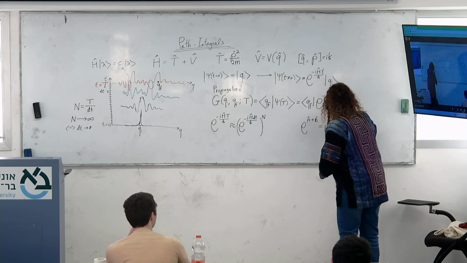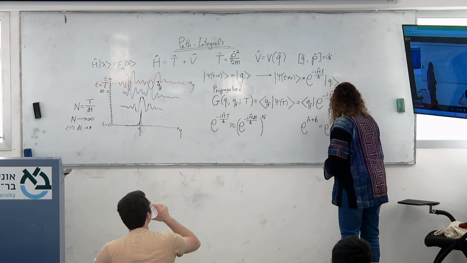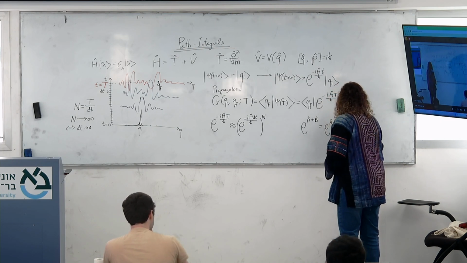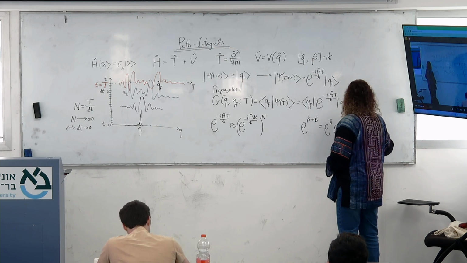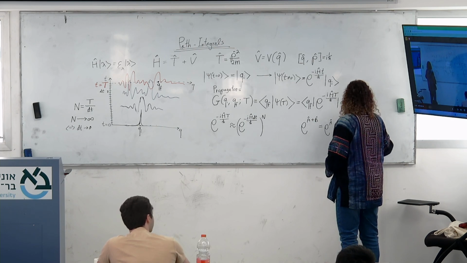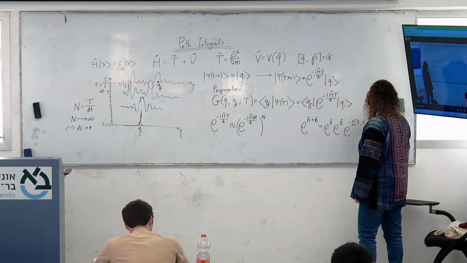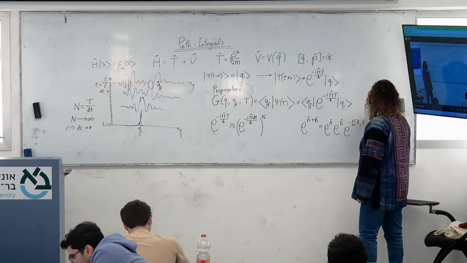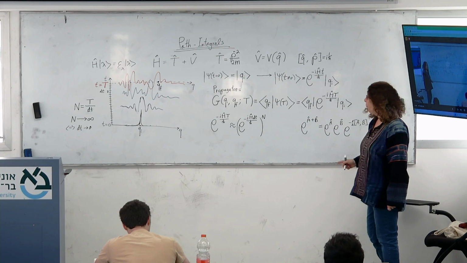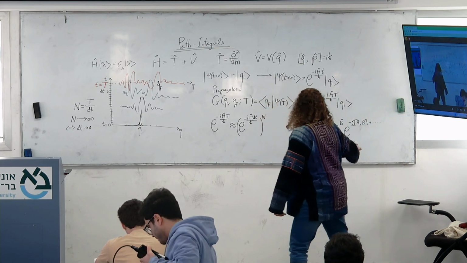Just want to make sure that I have the sign correct. It's e to the A times e to the B times e to the minus 1/2 [A, B], and actually this has some further corrections, but for the case where the AB commutator is a constant, you can stop it here.